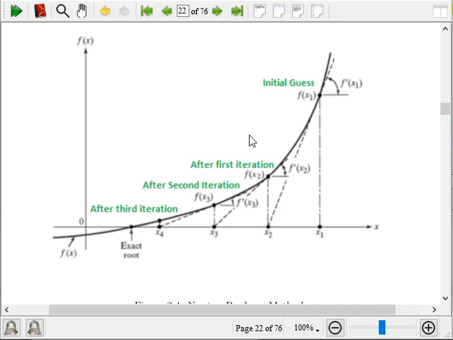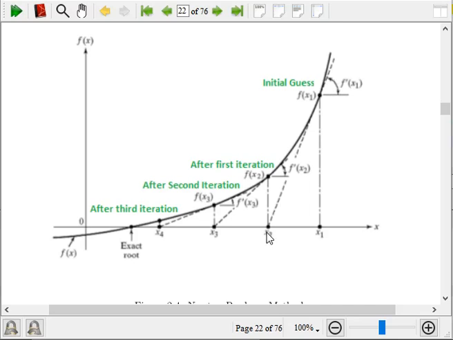This begins with just one initial point, as compared to the interval for the bisection and false position methods. We take a particular point, say x1, and draw a tangent to the curve. The point where this tangent line meets the x-axis becomes the new point.